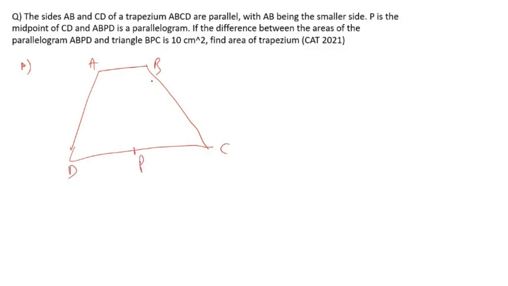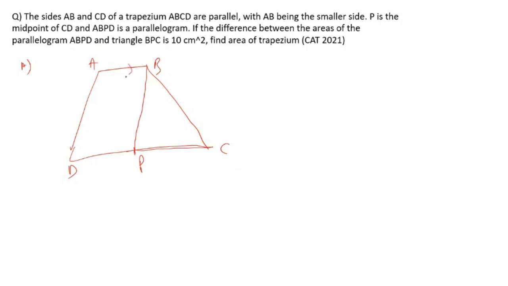And ABPD is a parallelogram, so basically this is a parallelogram, which is okay. Sorry, this line should have been straighter. Now it says the difference in area between the parallelogram APBD and the triangle BPC is 10. Find the area of the trapezium.